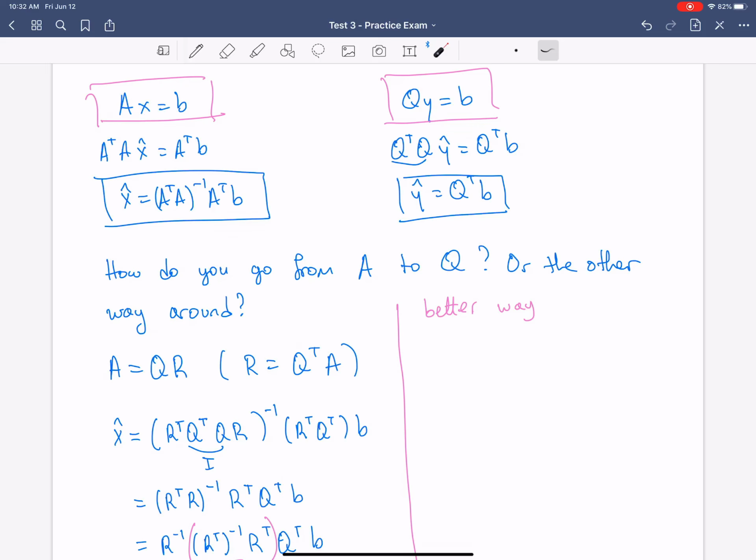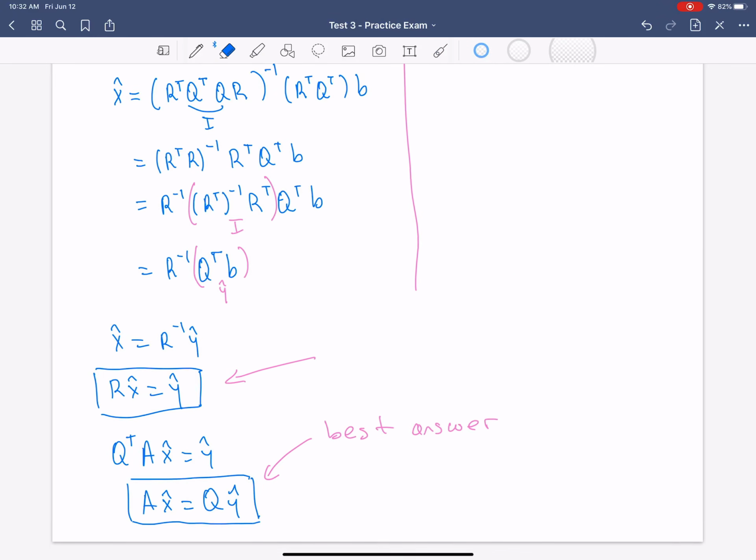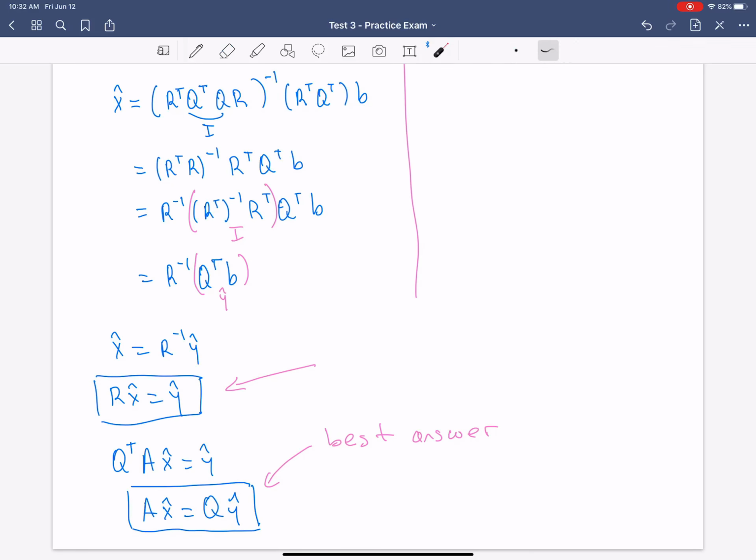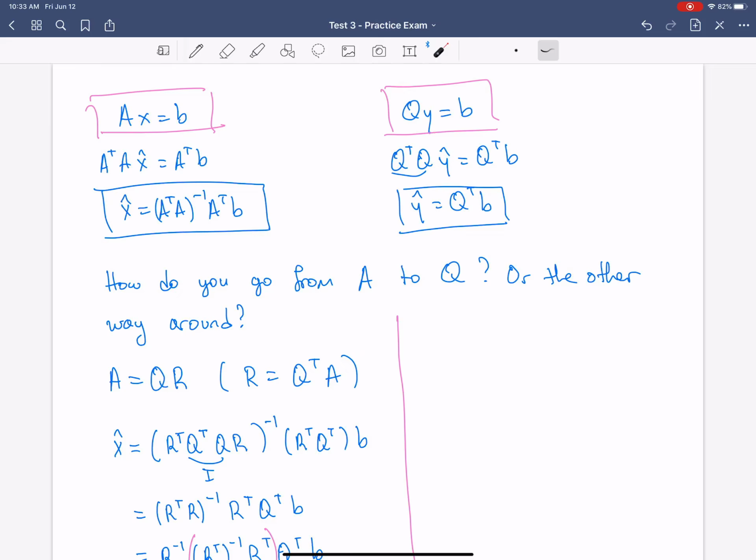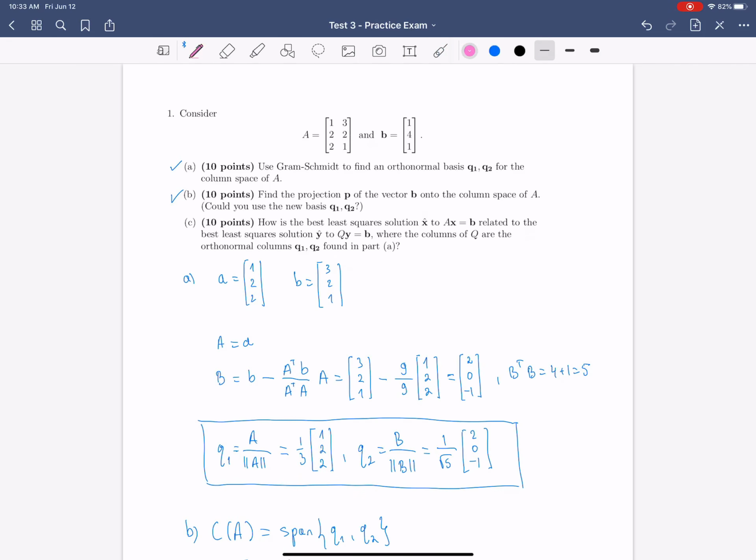You actually have to show it because x hat and y hat are not obtained in that simple way. So I think we did it just fine the first time. Okay, so this is a very good answer over here, and so is this. The point is that x hat and y hat are related through that right upper triangular matrix that multiplies Q on the right to get us back from Q to A. Okay, that's enough for that problem. We solved all of these things.